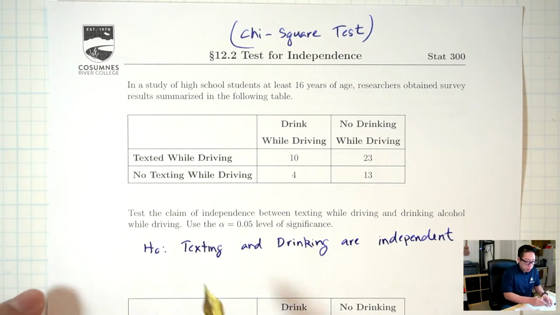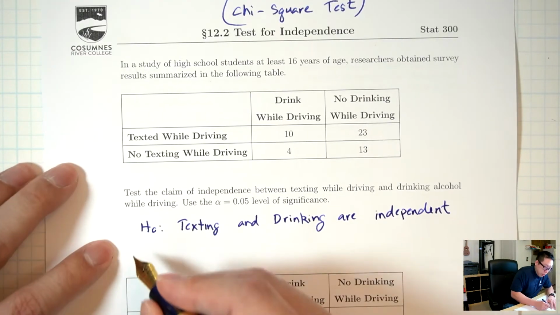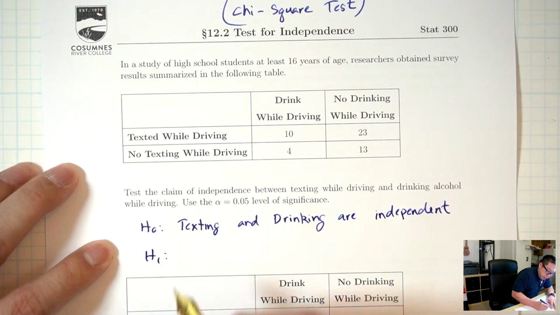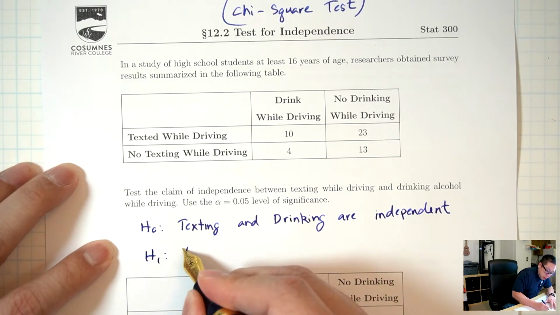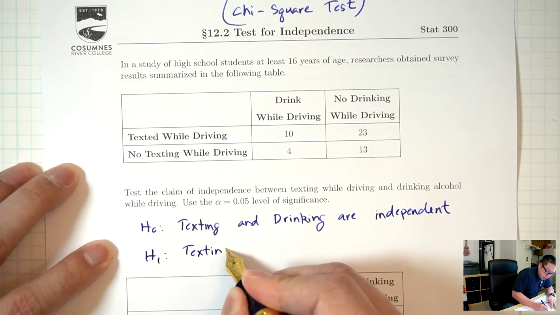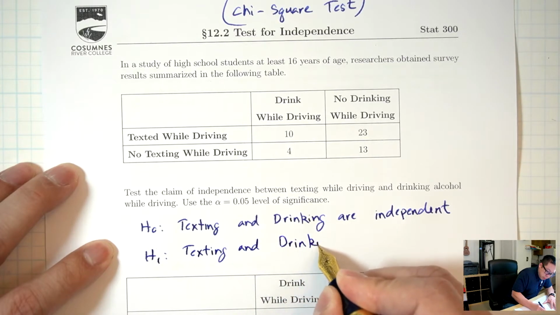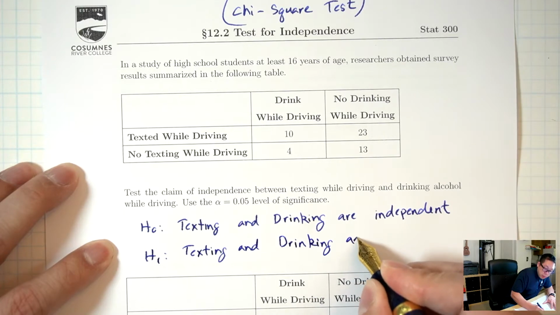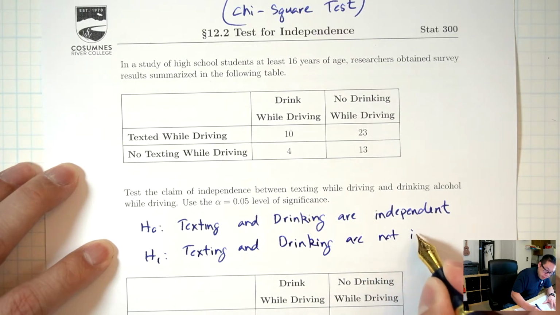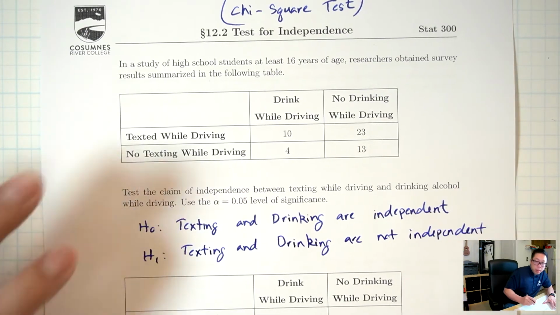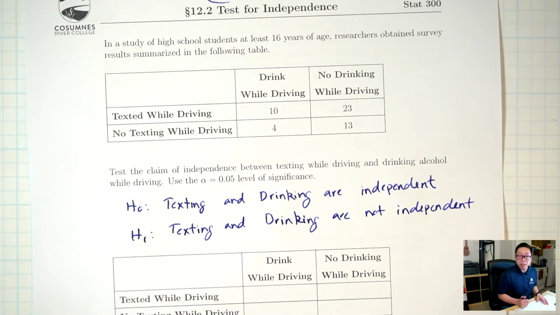In other words, they have nothing to do with each other. H1 is going to say texting and drinking are not independent. In other words, they are related to each other.